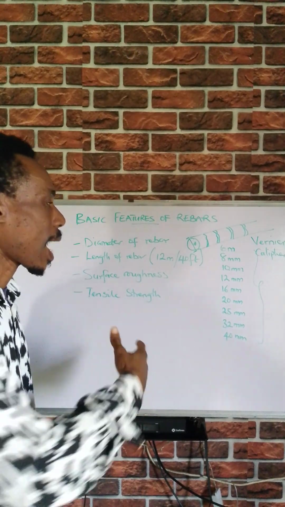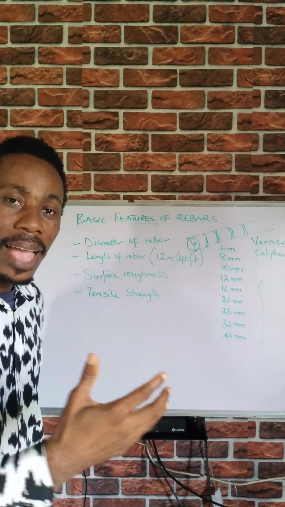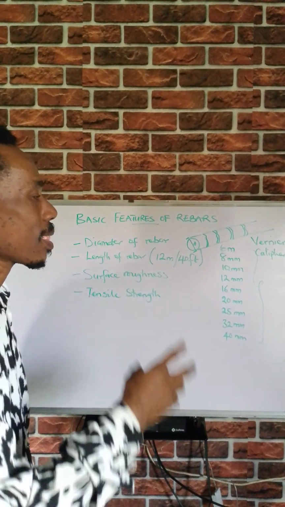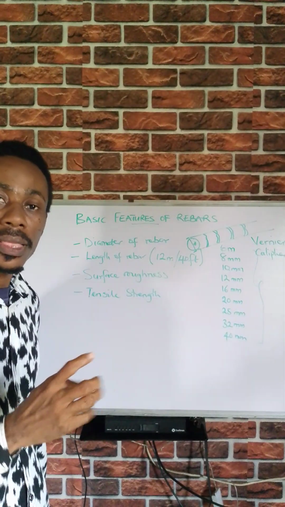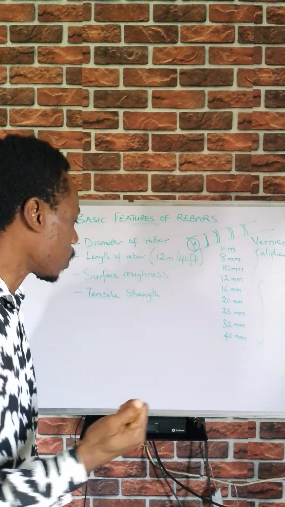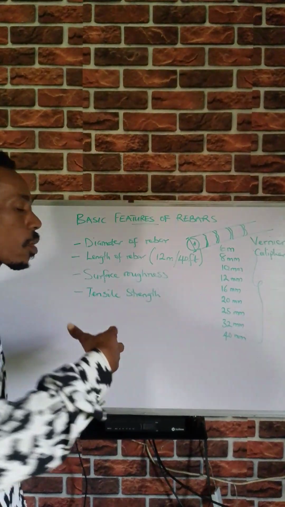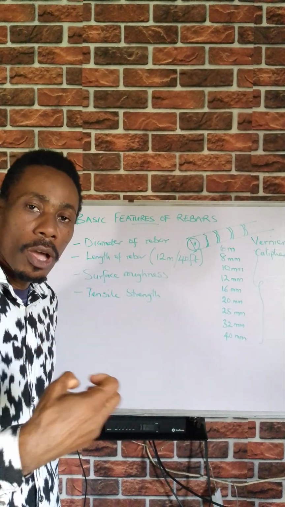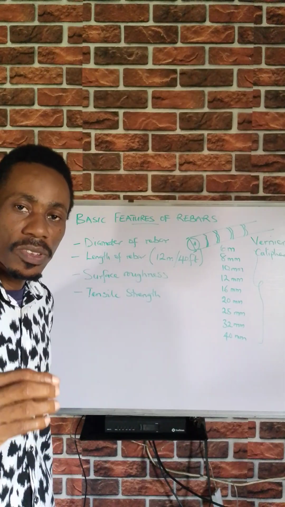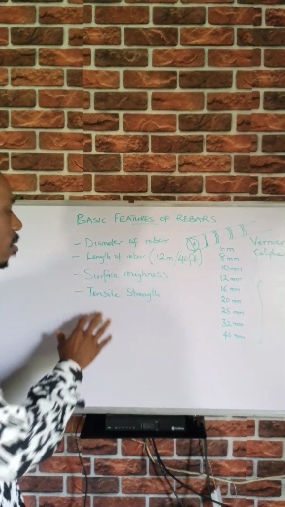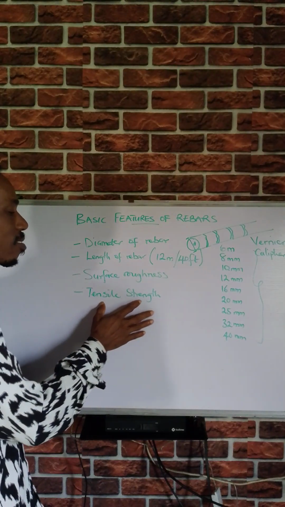They can be made up of high yield steel, so it is only the diameter that differentiates them in terms of their ability to withstand load. So the tensile strength talks about the mechanical build-up, the material strength of that reinforcement. That is what the tensile strength measures.